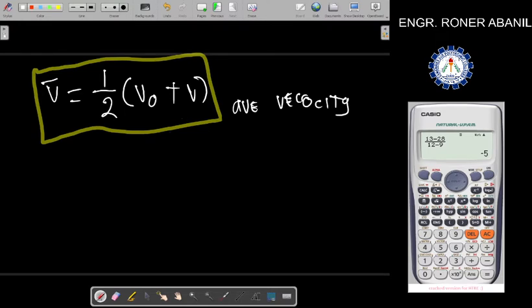galing dito sa equation na to, pwede natin siyang i-apply sa mga acceleration na merong constant, at yung mga hindi pwedeng gamitin kapag merong change of acceleration.